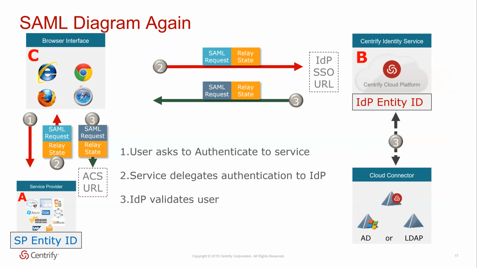And also the destination. For our SP to send a SAML request to you, you need to give them your IDP single sign-on URL, which is also generated as part of the SAML application, which we'll also get to see tomorrow.